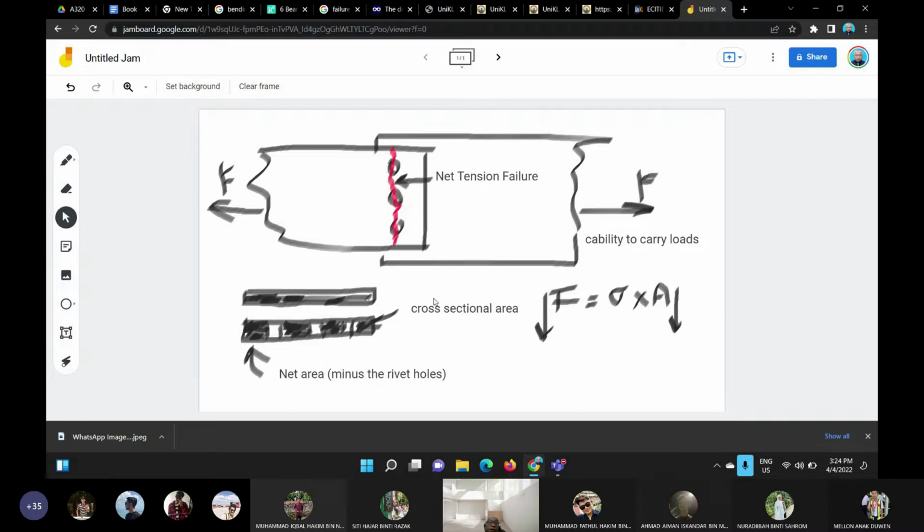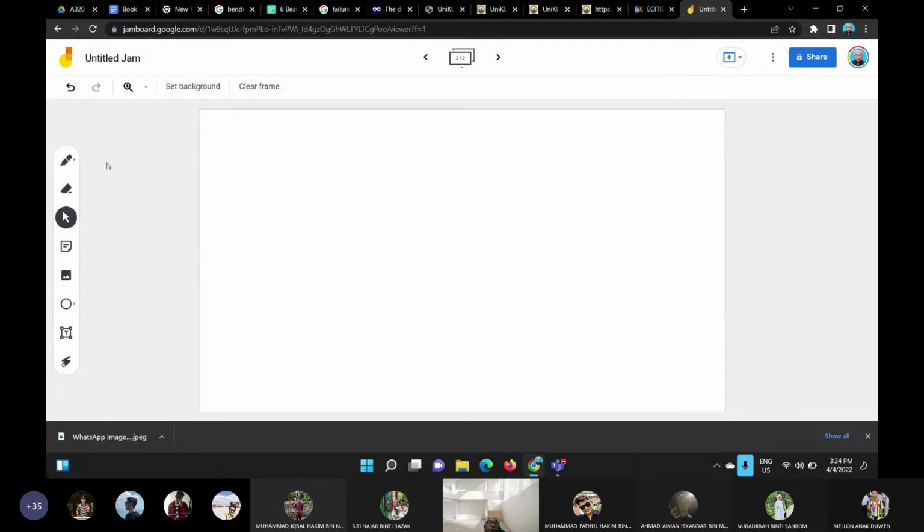So how to calculate the net tension failure? First step, you have to determine the A net. Say the width of the plate is 30 mm. When you do analysis, 30 mm, you must divide by 1000 because you want to convert everything to meter.